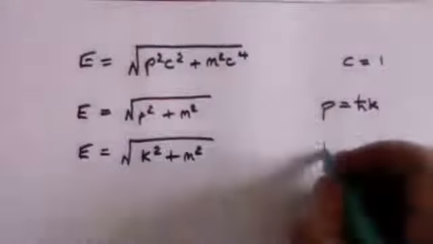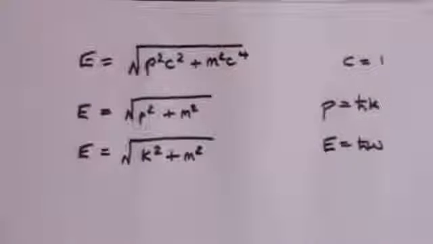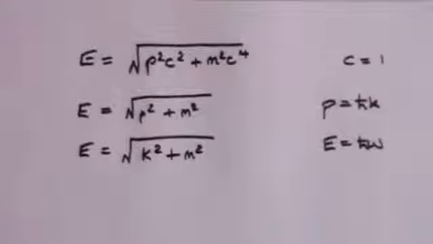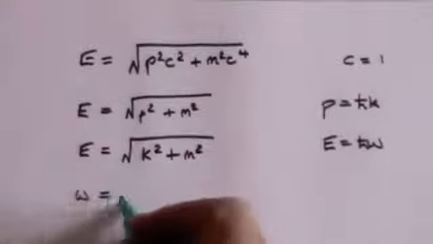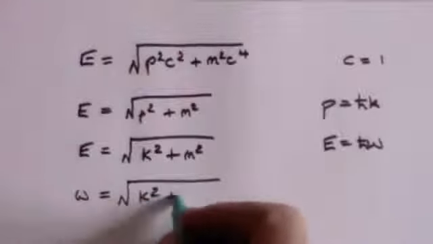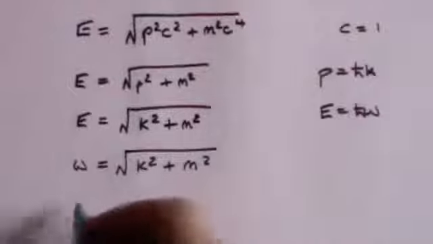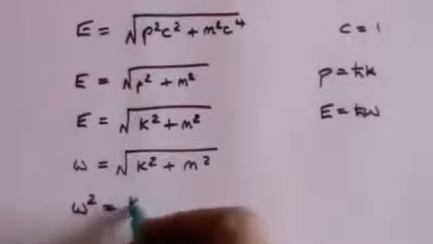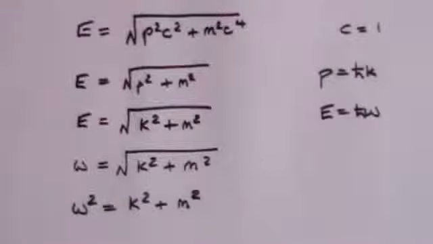But I remind you that E is h bar omega, and again if you set h bar equal to 1, then E is omega, so that now gives me that omega is the square root of k squared plus m squared, and if I square both sides, omega squared is equal to k squared plus m squared.